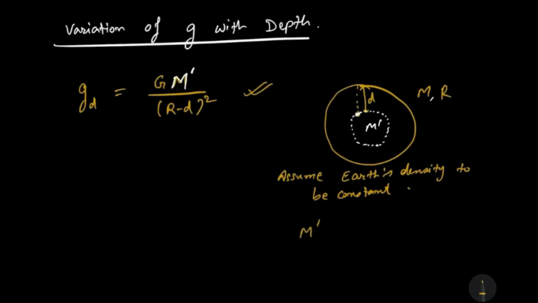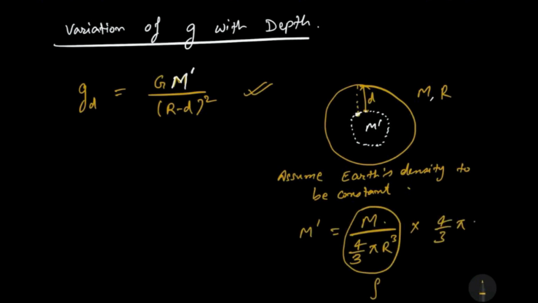So M dash in terms of M, this would be mass per unit volume, M by 4 by 3 pi R cube. This is your density, is it not? Multiplied by the new volume, which is 4 by 3 pi (R minus d) whole cube. Is it fine?